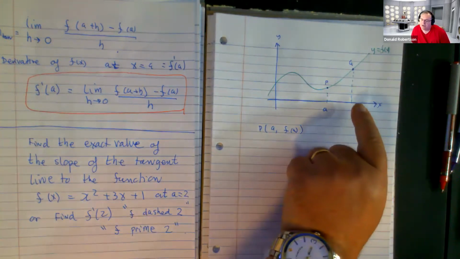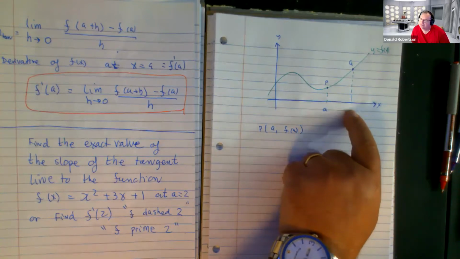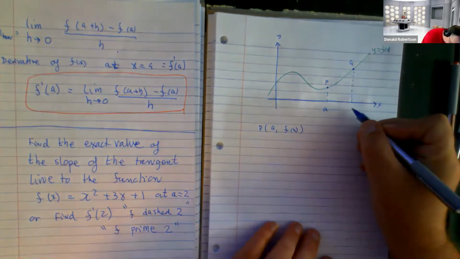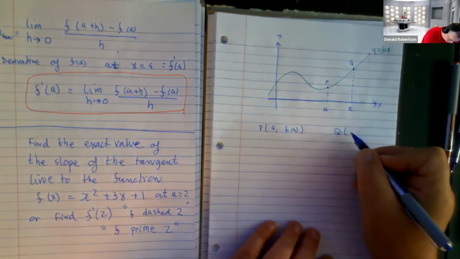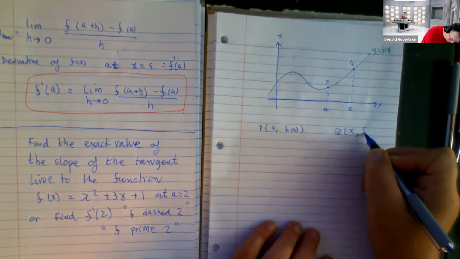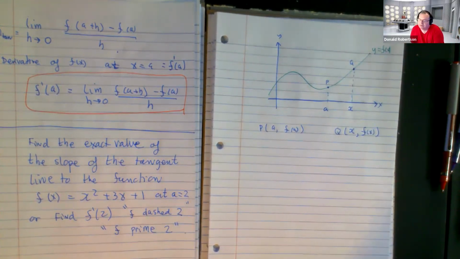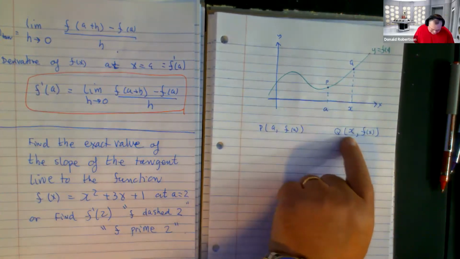Now, what we did last time is, didn't we call this guy a plus h? Well, let's call it x, which means that Q has an x coordinate of x and a y coordinate of f of x. You okay with that? Couldn't I call that b, and this would be (b, f of b)?